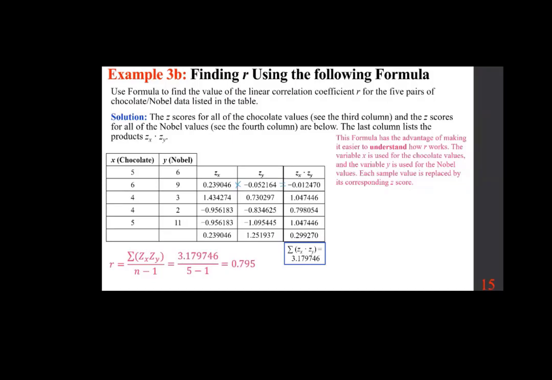Now, how do we calculate z sub x? I want to remind you, okay? You need to look at the x's, and for this data, you have to find x bar. That means you add them up and divide by 6. And you have to find s, okay?